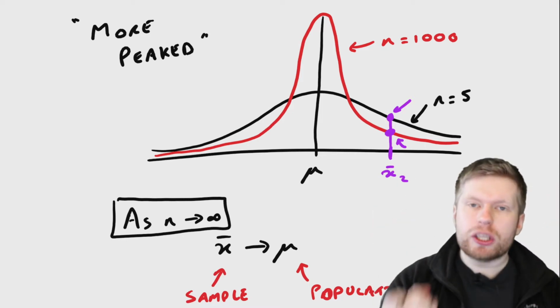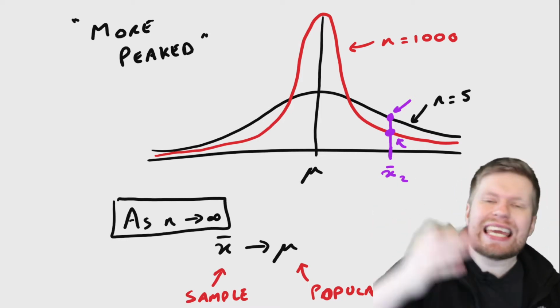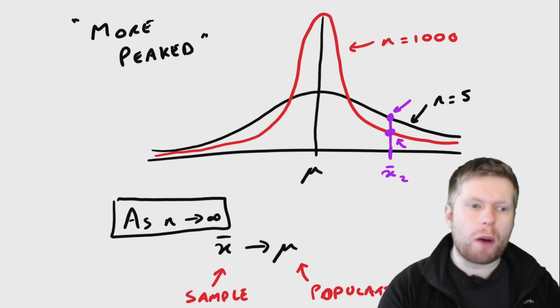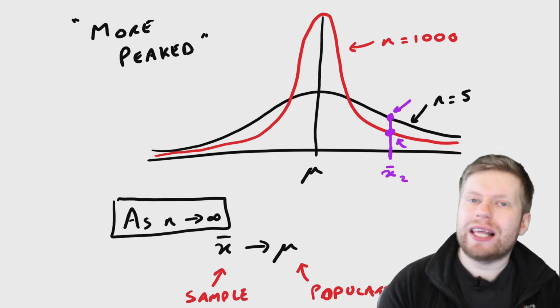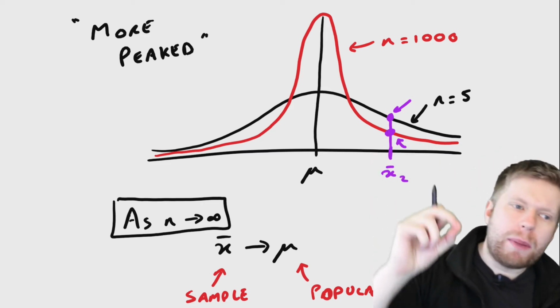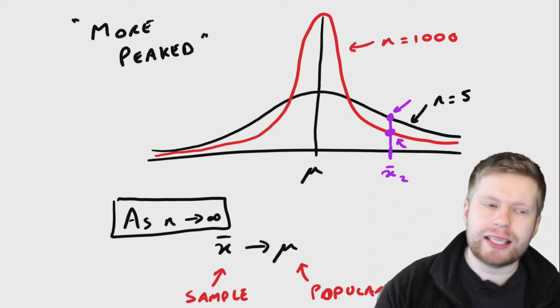In other words, the probability of getting a sample which is an outlier should decrease. Yes, there is still some probability that I will get an outlier, but that probability should decrease the more samples that I take, okay?